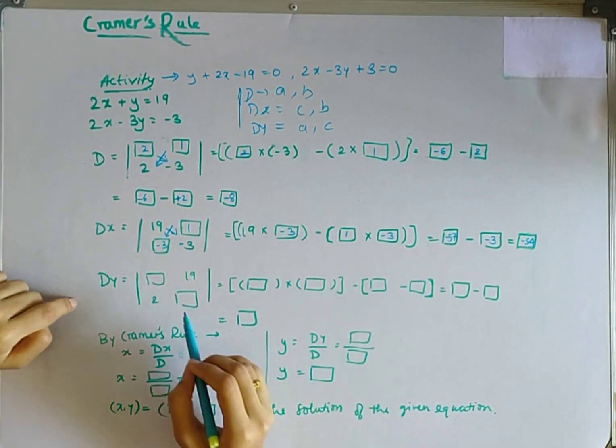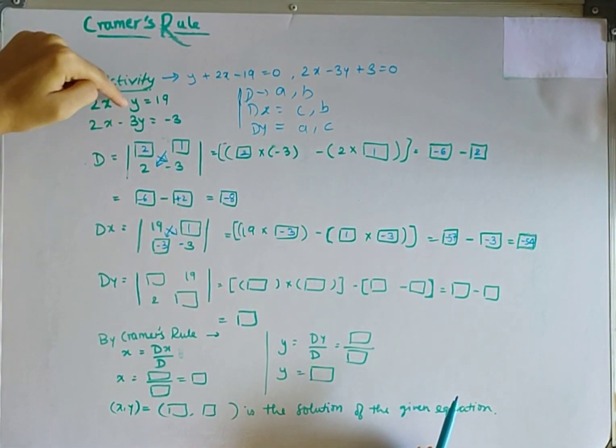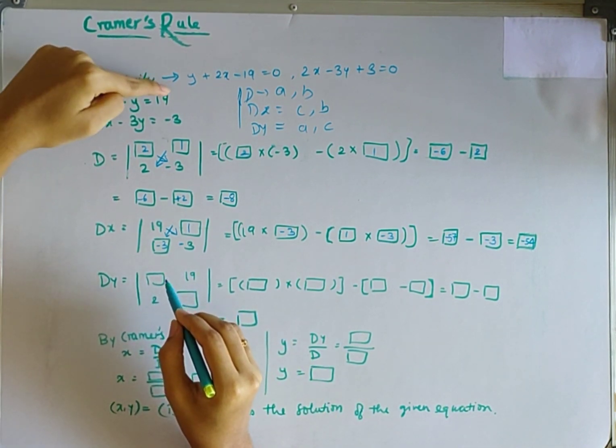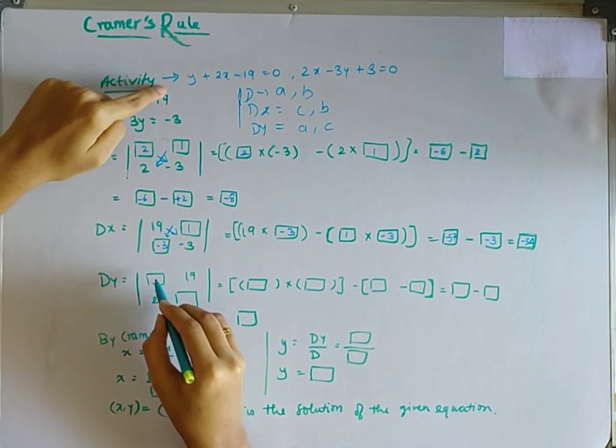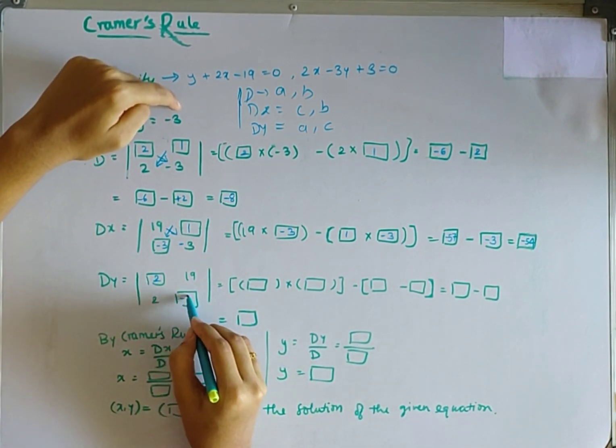Fine. Now let's move to dy. Dy is what? A comma c. It is 1 comma 19. So a comma c. Then it is 2 comma 19. Here it is 2 comma minus 3.